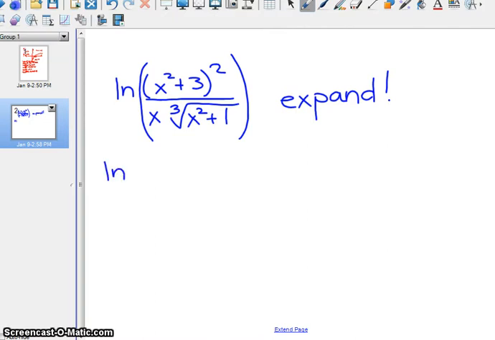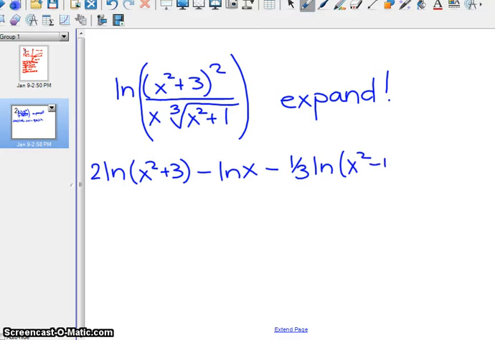So if I expand it, it is going to be equal to 2 times the natural log of x squared plus 3, because I bring this exponent down in front. Then minus the natural log of x, minus 1/3 natural log of x squared plus 1. These are minus signs; you subtract them because of your division logarithmic rule.